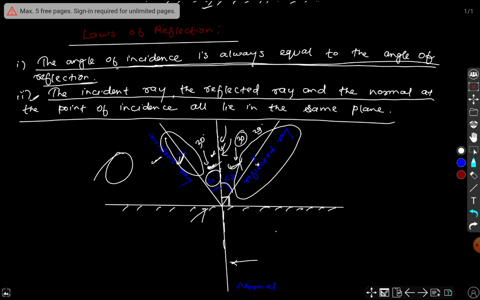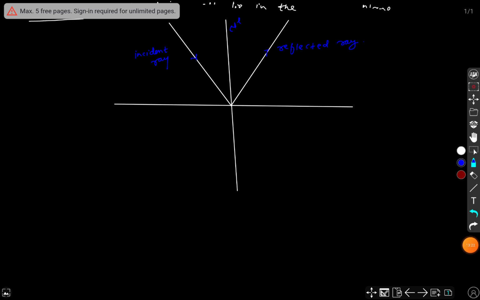So just try to understand. Let me erase it first. I will try to explain the second law by using the plane of this paper or the board on which I am explaining it to you. Let's suppose that an incident ray is in the plane of this blackboard and the normal is also in the plane of this blackboard.